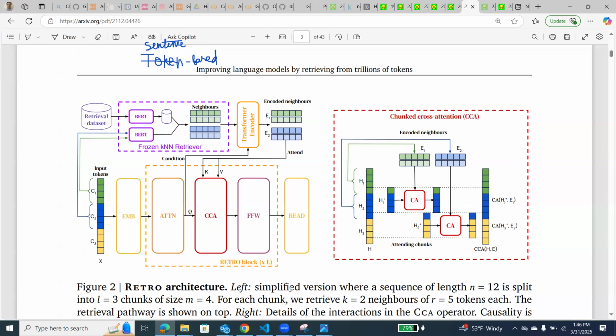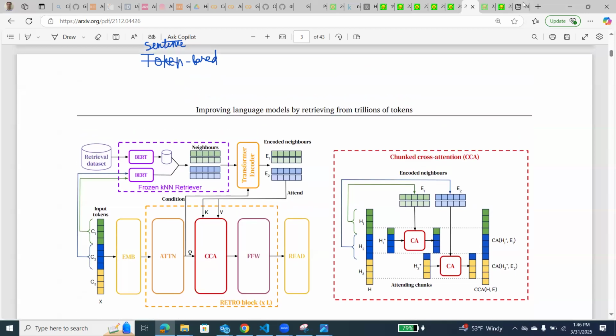But what they noticed in this paper is that you could use just a pre-trained retriever without fine-tuning it, and also you could increase your data set with new information, and it improved the quality of generation. So this is the RETRO idea.